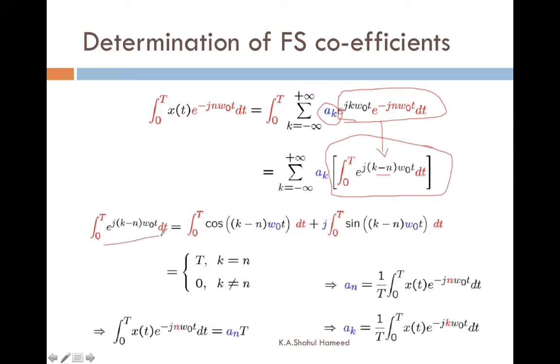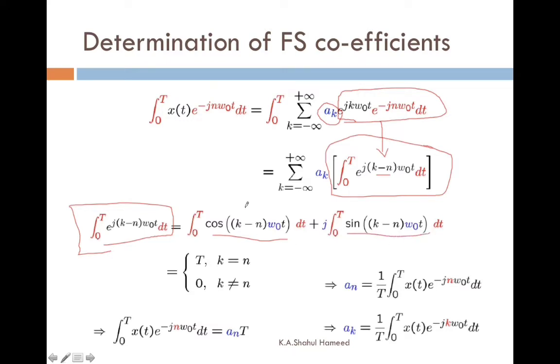This integration of e power j k minus n omega naught t can be written as cos and sine, because using Euler's theorem we can write e power j theta is equal to cos theta plus j sin theta. So I'm simply expanding this exponential as integration over 0 to T cos k minus n omega naught t plus j integration over 0 to T sin k minus n omega naught t into dt.